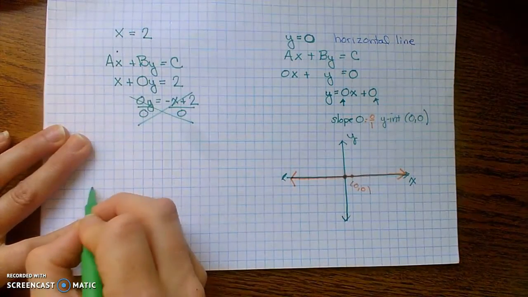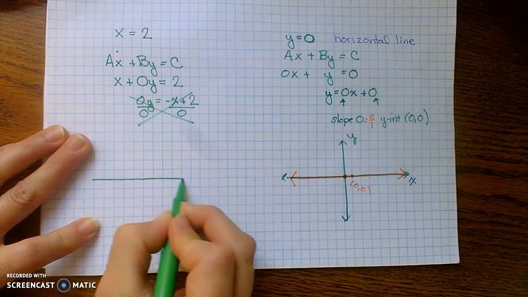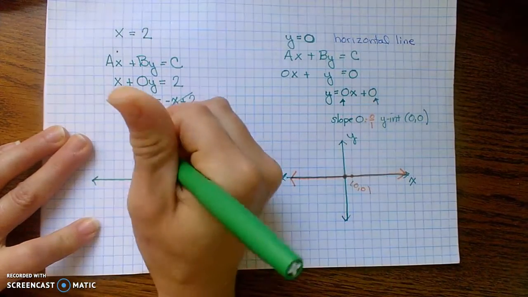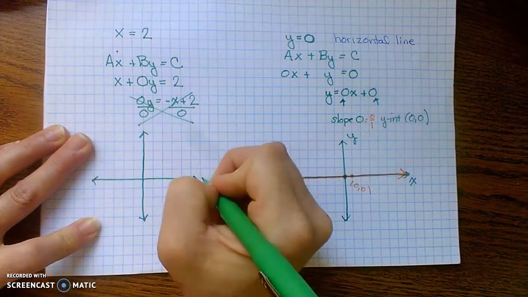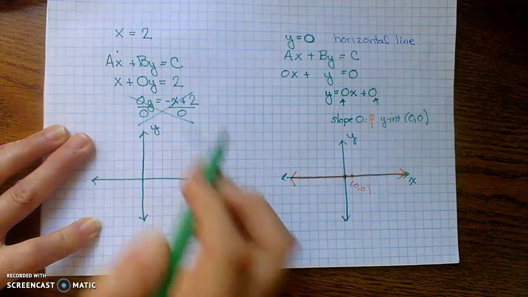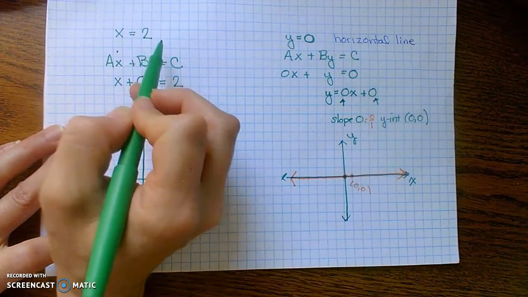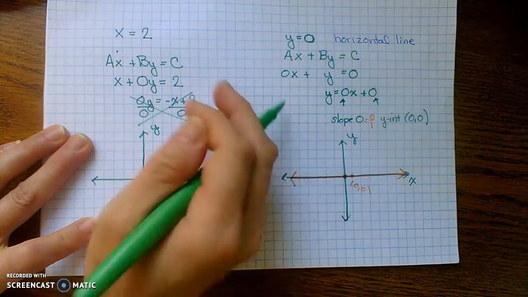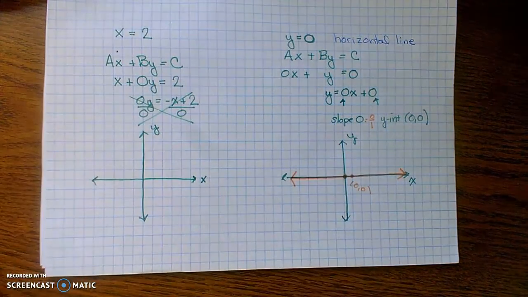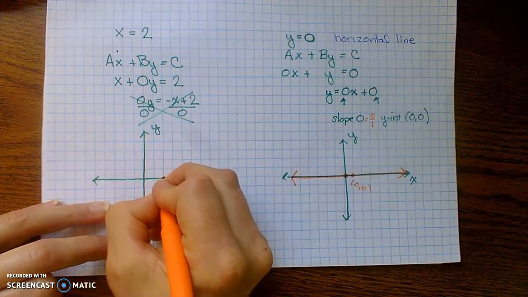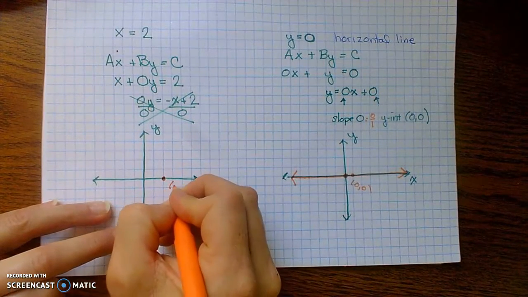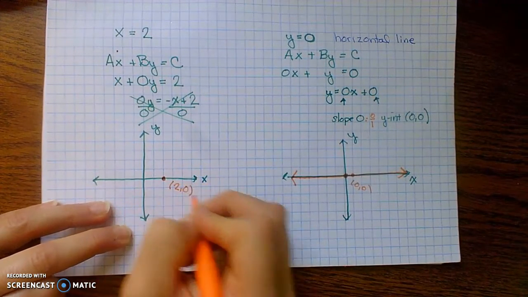So let's try and graph this thing, thinking logically about what the graph will look like. Okay, here's my x-axis, here's my y-axis. Well, x is equal to 2. So the x-coordinate of every point on this line is always 2. So here is x is 2, y is 0.